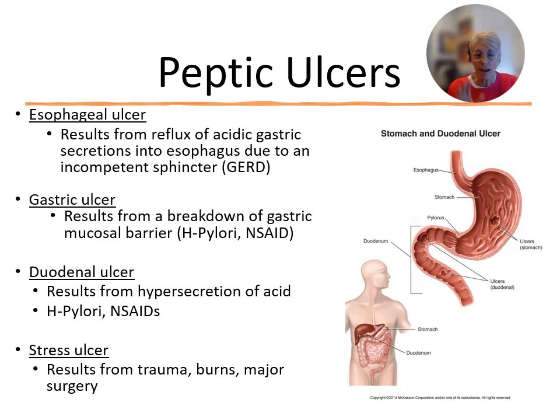So let's take a look at a little bit more about peptic ulcers. Again, kind of where it can happen and a little bit about why it can happen. Esophageal, pretty straightforward, most likely because of GERD. Now, our gastric and our duodenal can be because of NSAIDs, maybe overuse of NSAIDs, but it can also be because of a bacteria. We call that bacteria Helicobacter pylori, H. pylori.